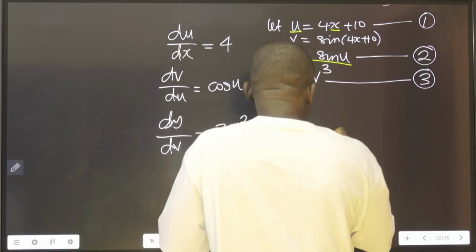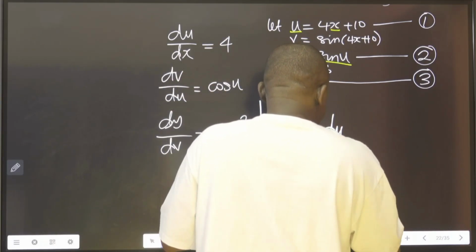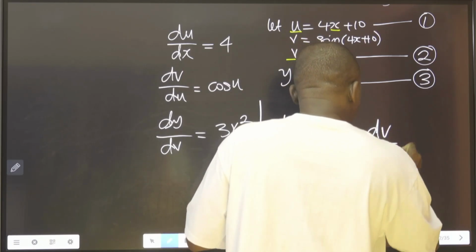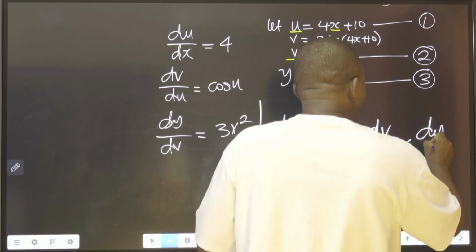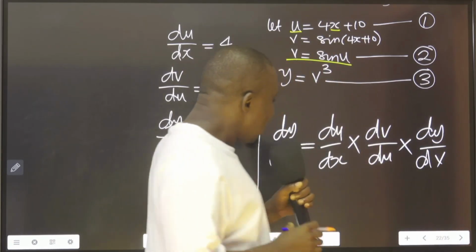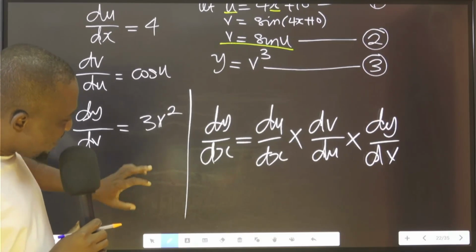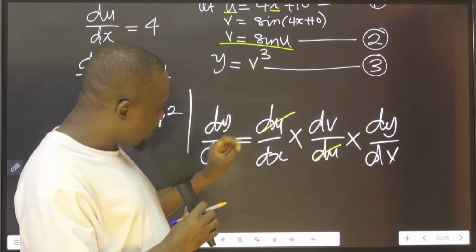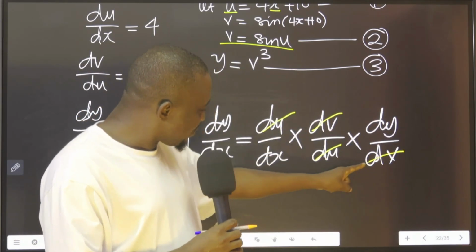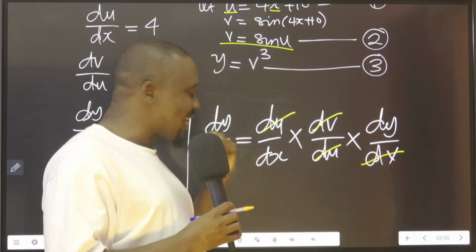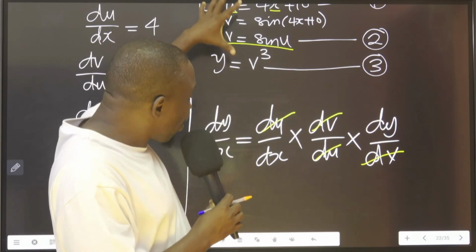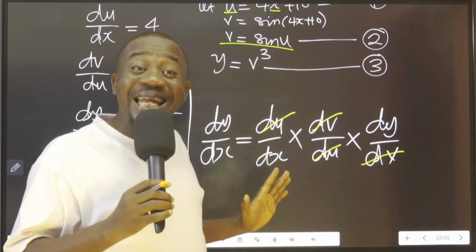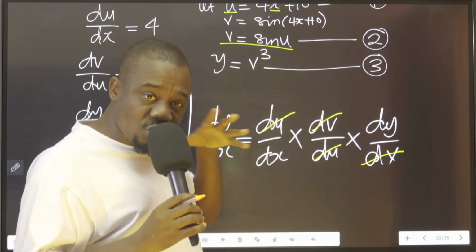That is du/dx multiplied by dv/du multiplied by dy/dv. Now let's see if we are going to arrive at dy/dx. This and this will cancel. This and this will cancel. What is remaining? dy/dx. It means if we substitute all this, we are going to have dy/dx. So don't panic. Just separate them the way I show you.